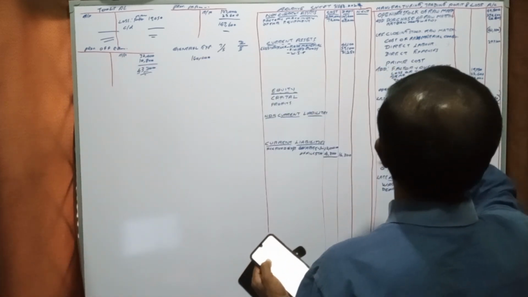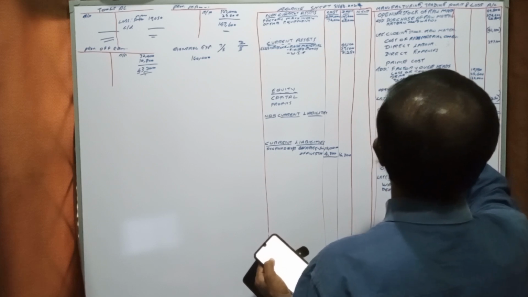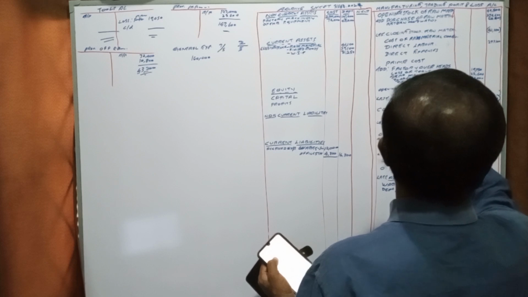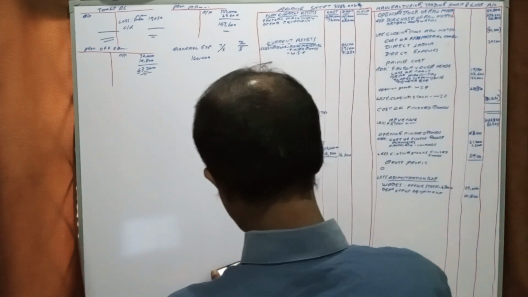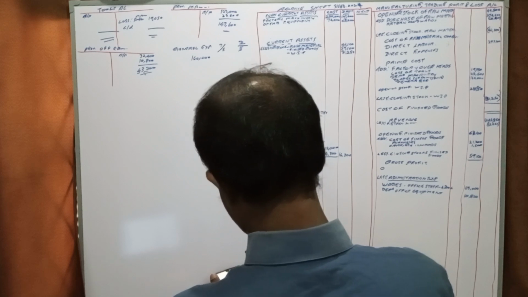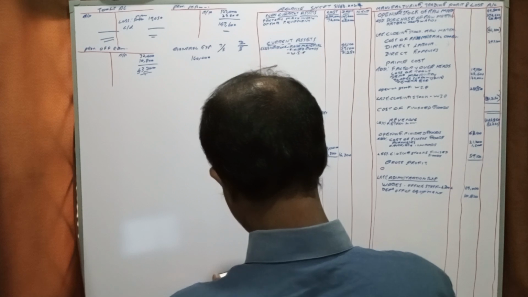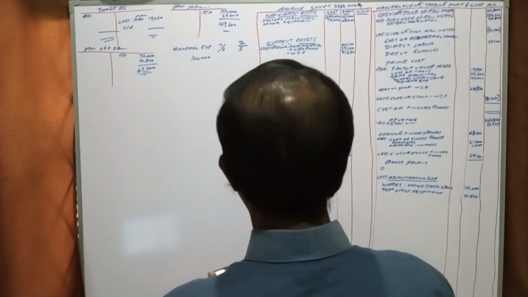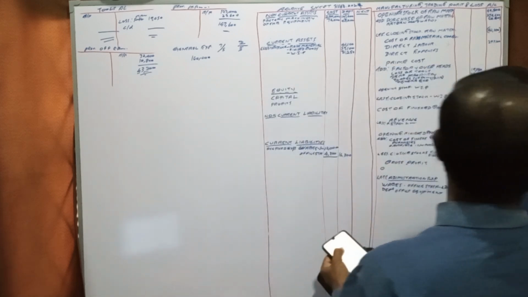General expenses, right? 160 divided by 5 into 3, 96,000.